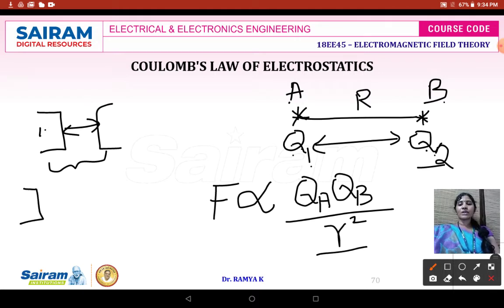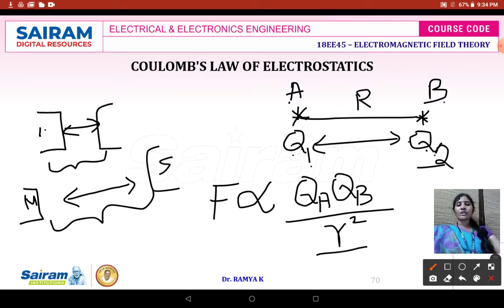As you move the magnets far away from each other, the force of attraction or repulsion experienced between these two magnets is going to reduce. Therefore, the force between the two magnets gets reduced as the distance between them is increased. In the same way, when the two charges are moving apart, the distance gets elongated and therefore the force experienced gets reduced.